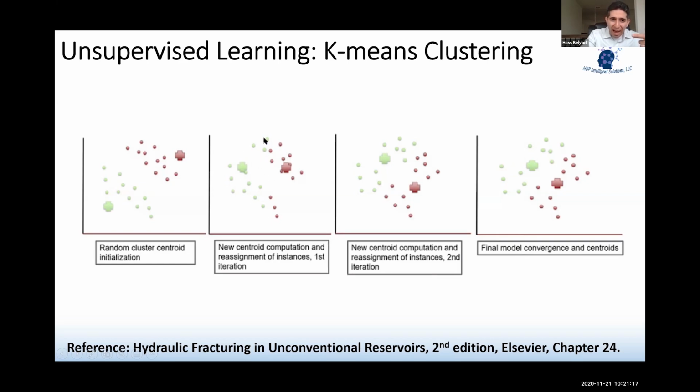And then you take the average of all these green instances, the average of all these red instances, and move the green and red cluster centroids to the averages that you just got. And then you just keep doing the same process until these cluster centroids can't move anymore, or they just wouldn't move too much, and these are considered your final cluster centroids. I hope this makes sense.